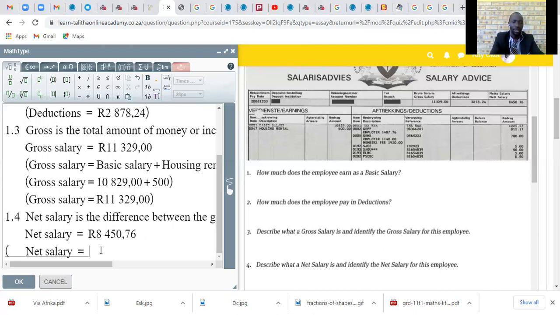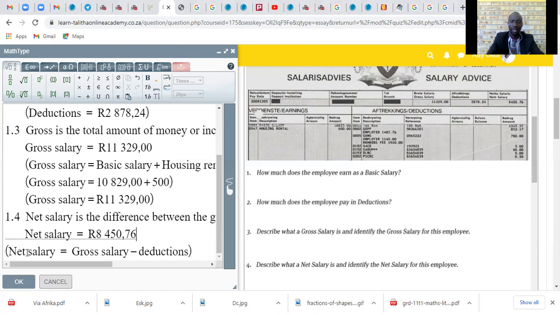So we would have gross salary minus deductions. When we take away deductions from gross salary, what we get is called net salary.